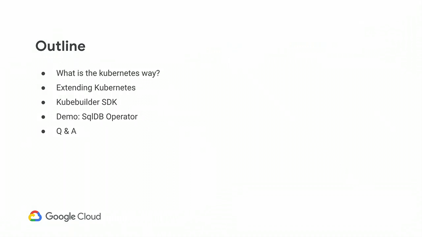And then we'll be diving into Kubebuilder, the SDK, which is how do you build APIs and controllers. And then the favorite part of our session, which is the demo, and we'll be showing you a SqIDB operator, an example demo here. And we'll try to keep 5 to 10 minutes at the end for the Q&A. So with that, let's get started.